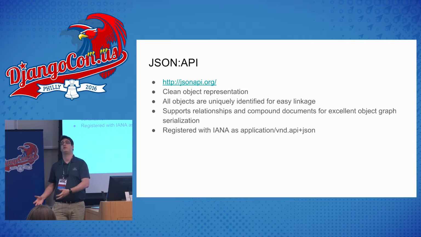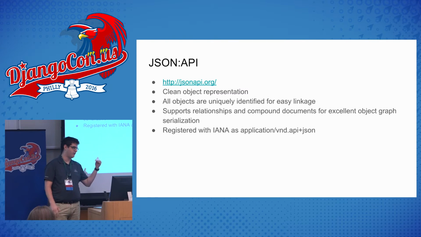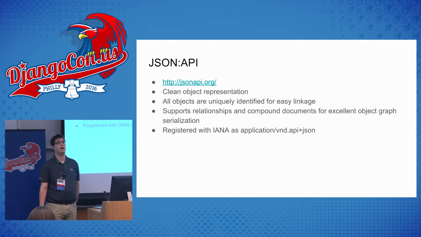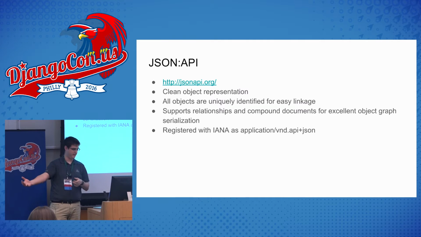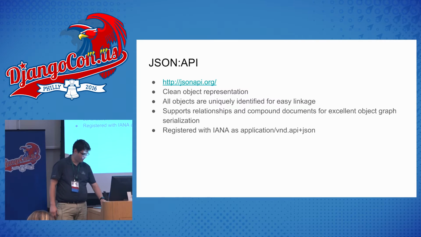Well, that could actually be turned into 2 different HTTP requests, but that's going to increase latency for your front ends. So the way that JSON API works is that you can actually use relationships in compound documents to say, I want the blog post, but I also want its comments, or I also want its author, all in the same payload. So you don't have to go ask for this information over and over again.